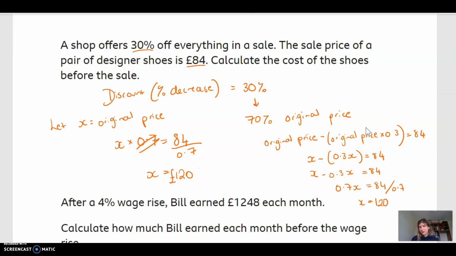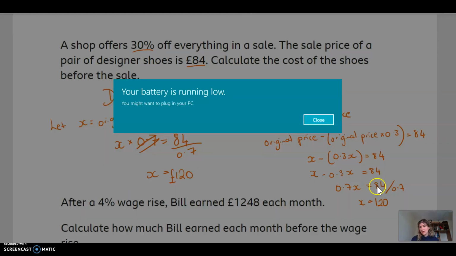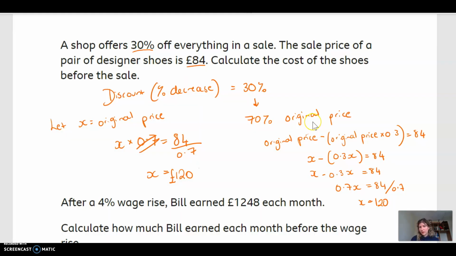So 1x minus 0.3x is equal to 0.7x. Then I'm just dividing by 0.7 again, and I still end up at 120. So that does work, but it's more fiddly, and you can really do this in 2 steps, so I don't know why you'd want to do it any other way.